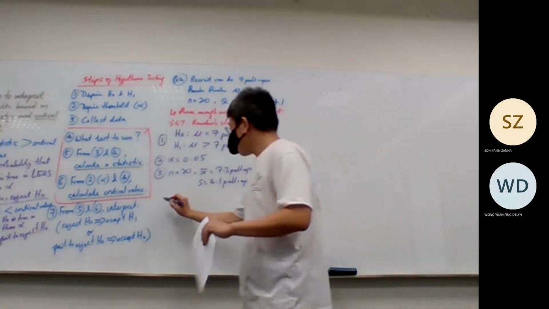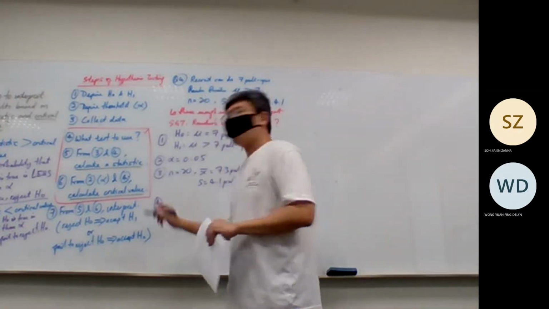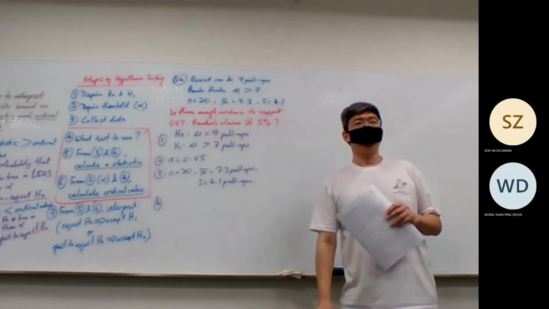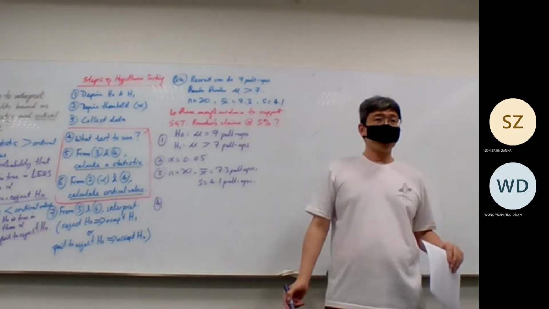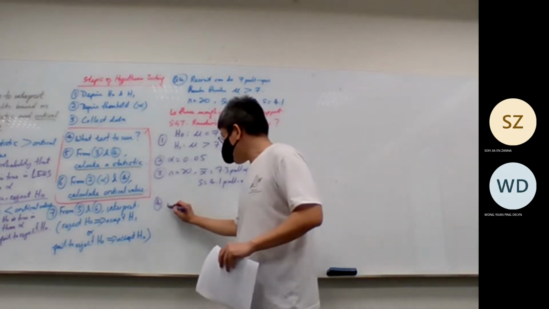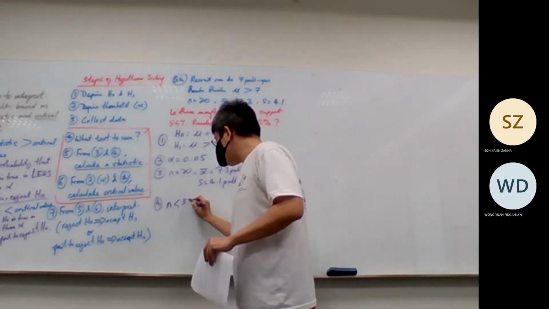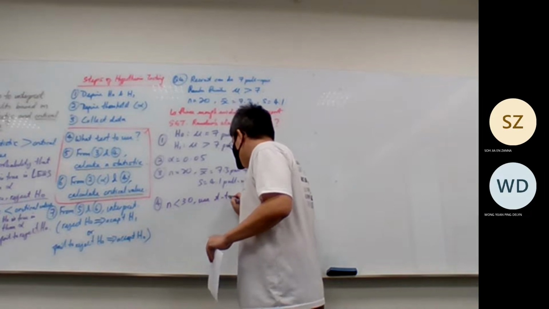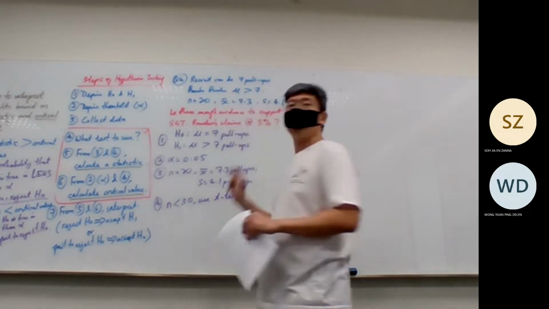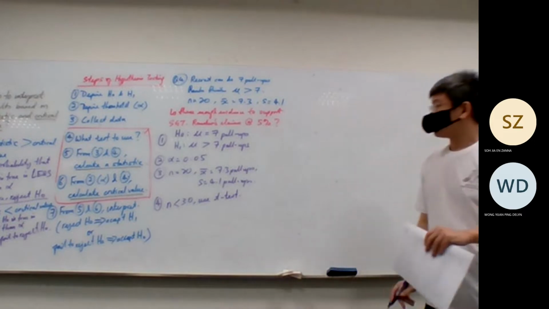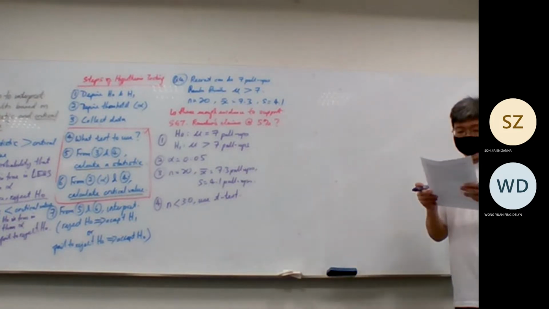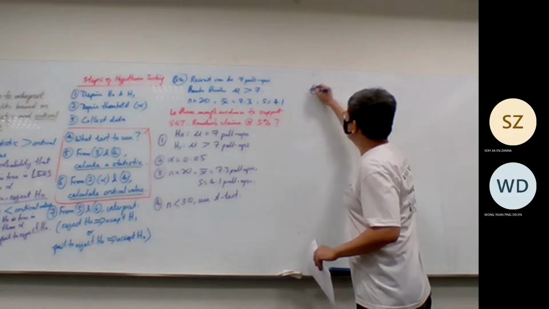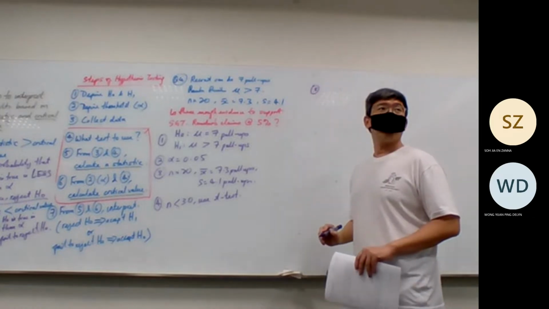Okay. Part 4. What test to use? T-test. Why? Right. So sample size is less than 30. You use T-test. After that, step 5, you calculate the statistic.